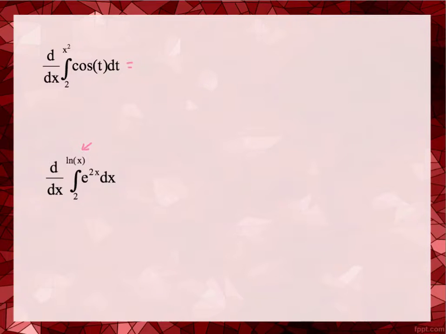So the integral of cosine of t would be sine of t, but that gets evaluated at x squared and 2. Well, that's going to be the sine of x squared minus the sine of 2, but then I'm going to take the derivative of that with respect to x.